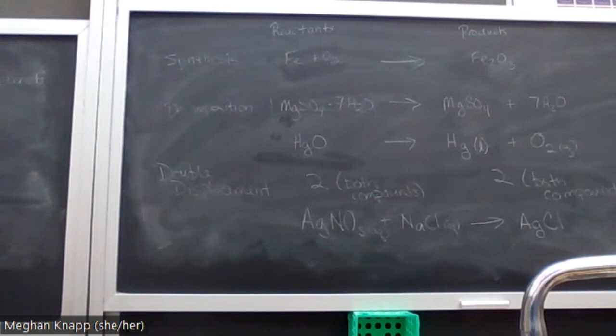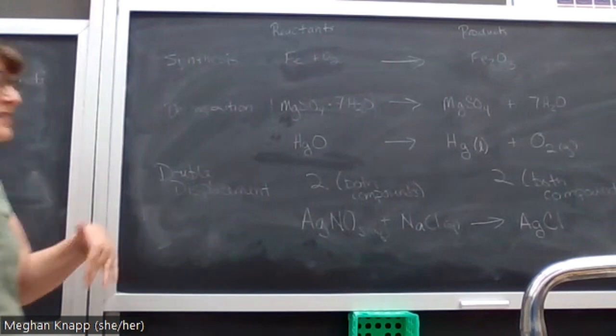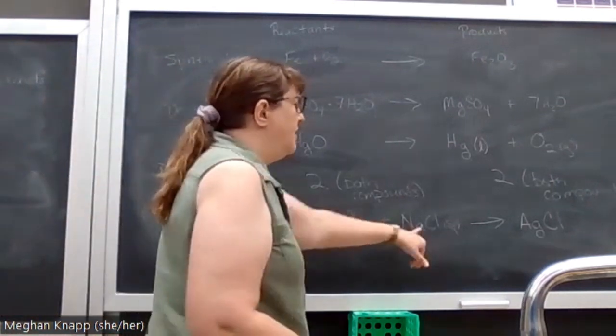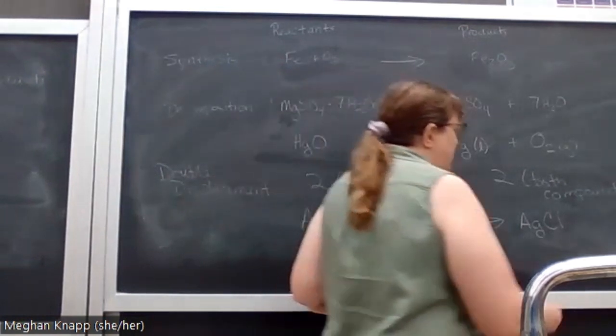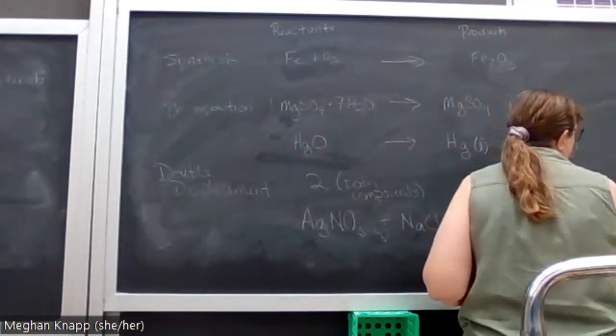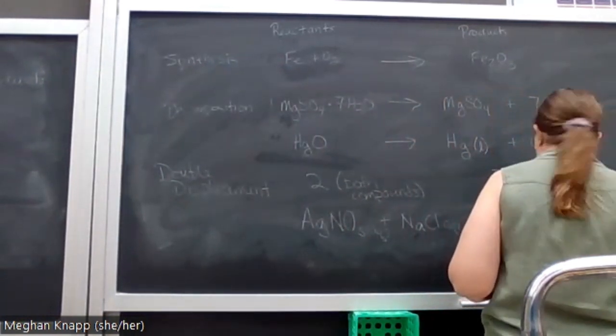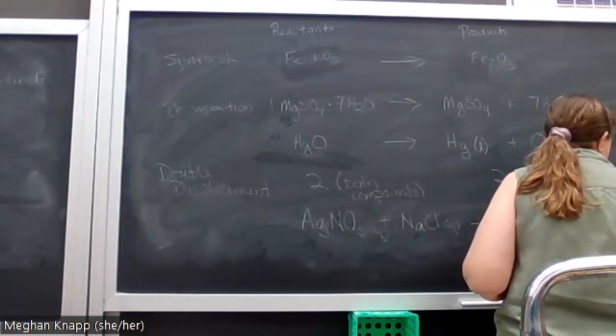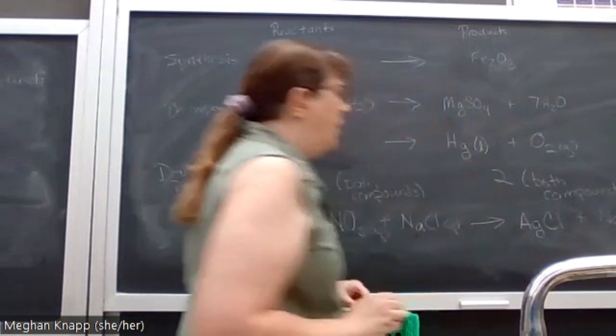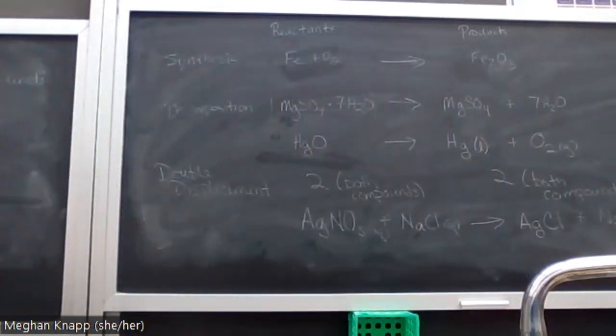So those two positive things are going to repel one another. So if it's going to switch partners, it has to grab onto the other negative thing. Then sodium, which is positive, is going to get together with the negative nitrate, NaNO3. All right, so these are simply switching partners.